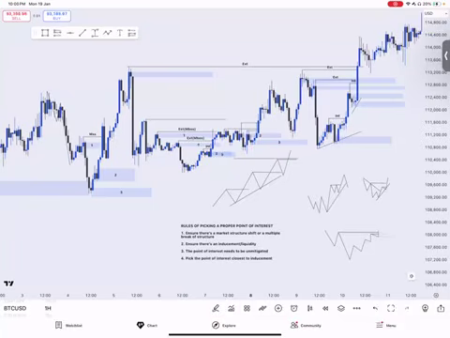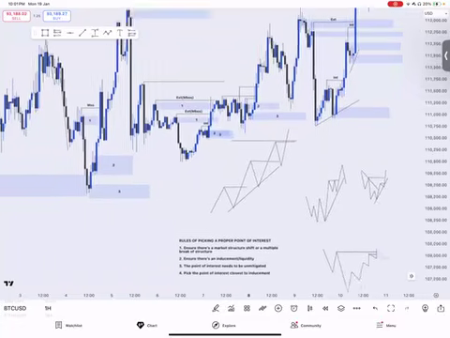So after that, the second rule says ensure there is an inducement or liquidity. Ensure there is what? An inducement or liquidity. The inducement is the first valid pullback after a market structure shift, or the first valid pullback after a multiple breakout structure.